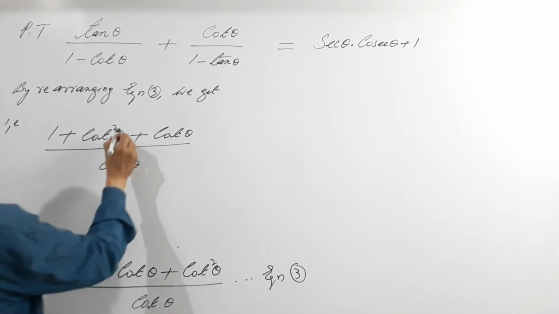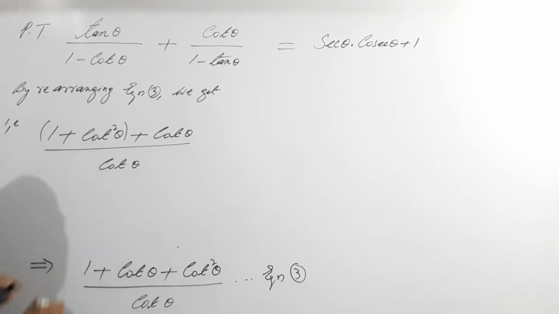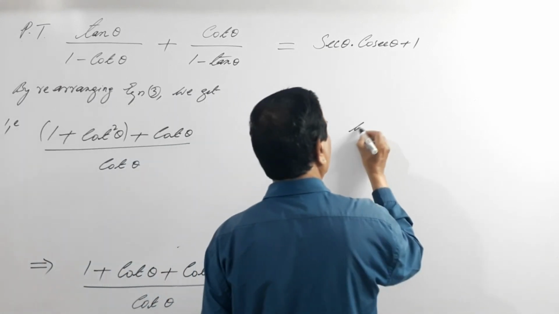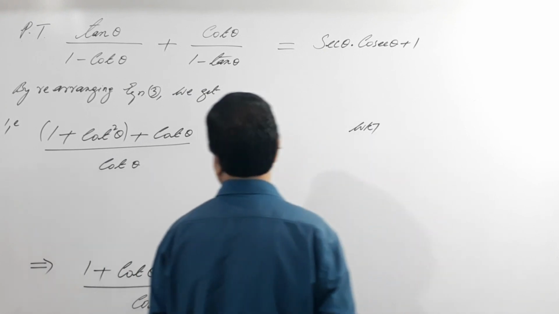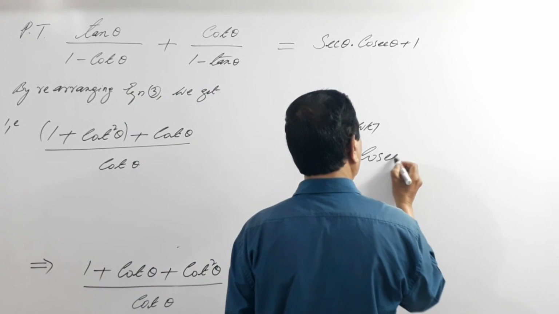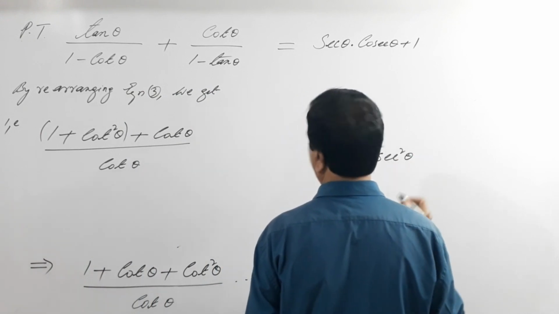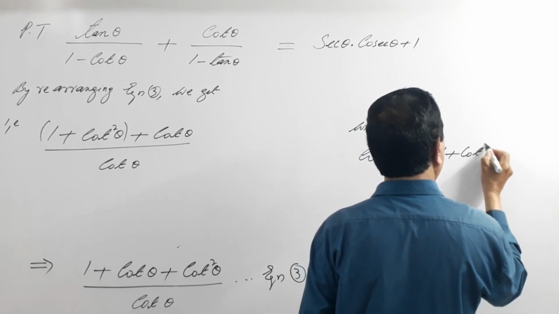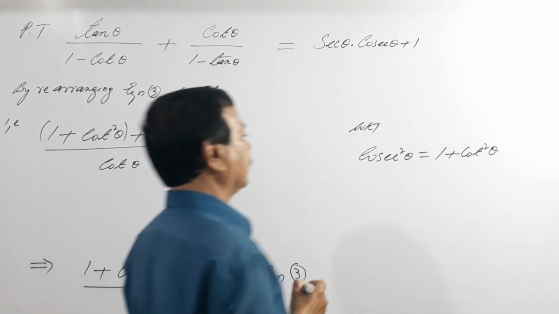Now I'll use this separately. What is 1 plus cot theta square? We know that cosecant square theta equals to 1 plus cot square theta, right?